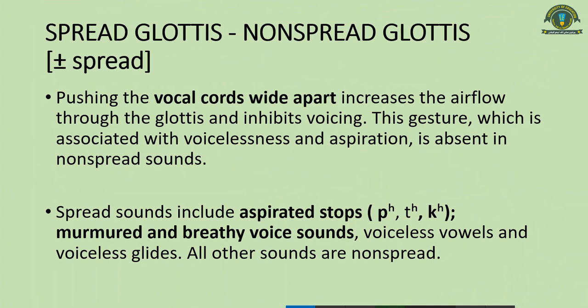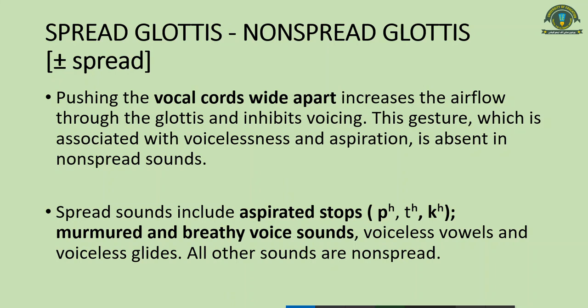When the vocal folds or cords are wide apart, the airflow increases through the glottis and it inhibits voicing. This gesture is associated with voicelessness and aspiration. So spread sounds are p and t and k. In these sounds, the vocal cords are wide apart and there is aspiration.